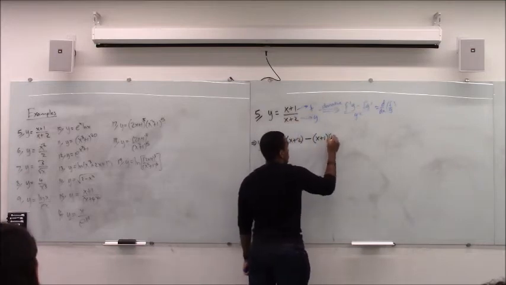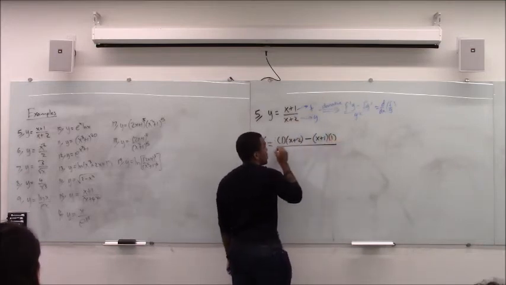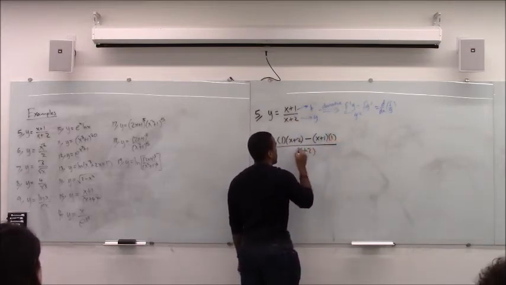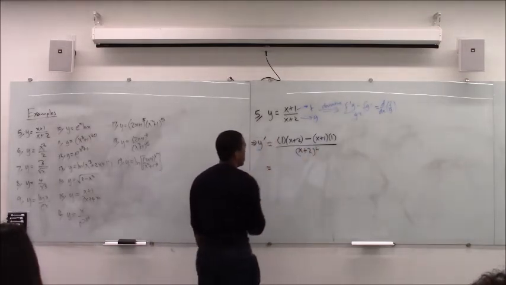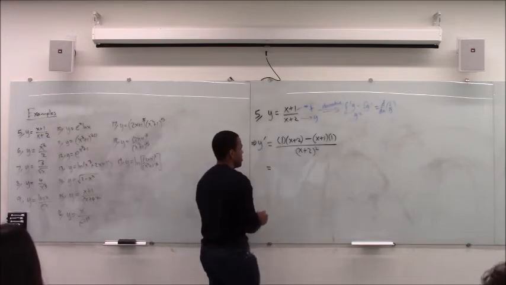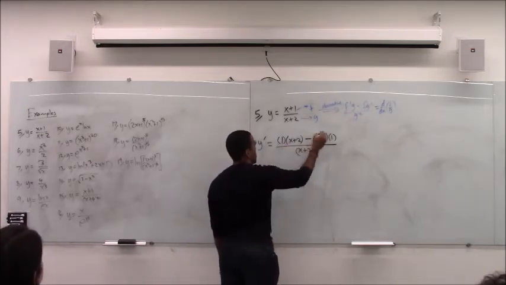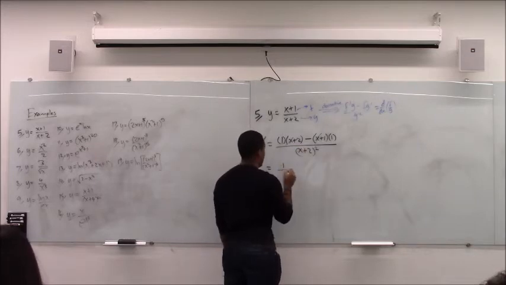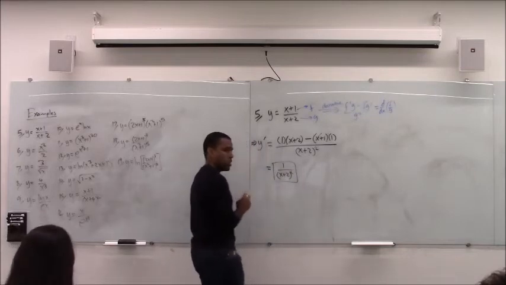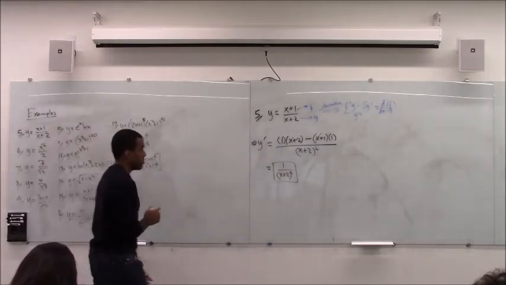It's also 1. All over, well, g squared. So one thing you'll notice here is that I can actually simplify the top, x minus x. Then I would have 2 minus 1, so it just becomes 1 over x plus 2 squared. Hopefully you got that when you tried it.